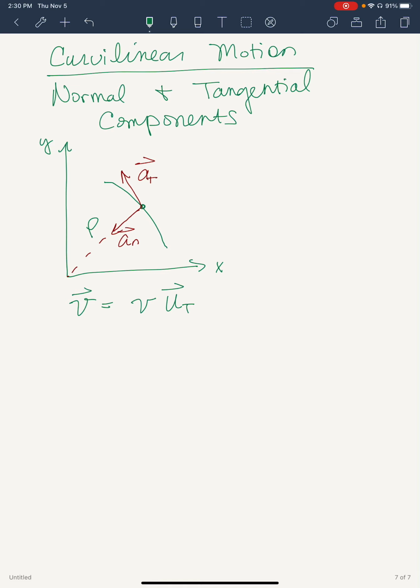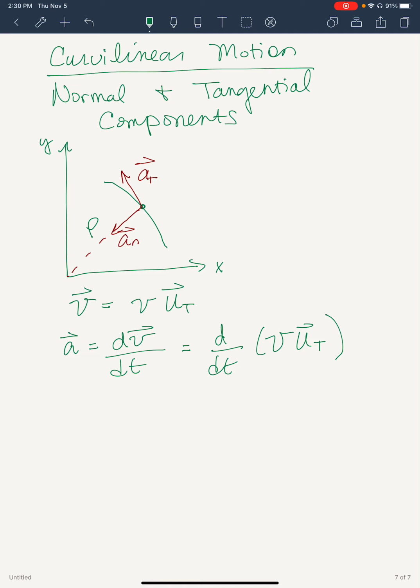And then we can do the acceleration is dv dt, so the derivative of velocity with respect to time. And that's going to equal d dt of v times that unit vector in the tangential direction. And then we can do some simplifying of that.